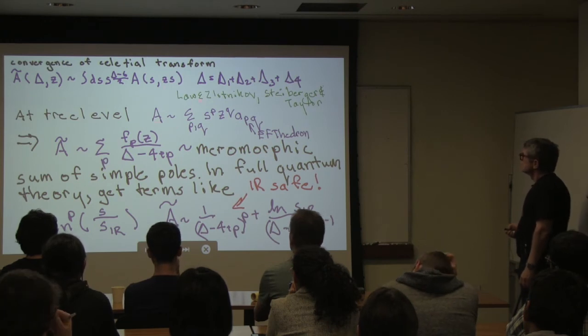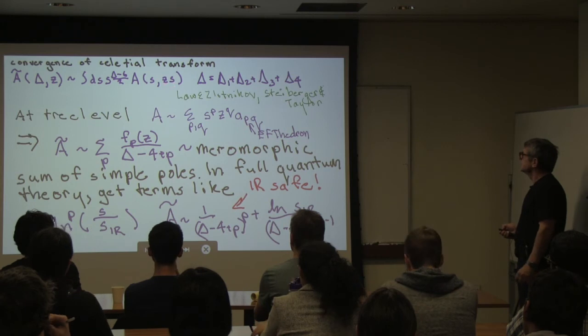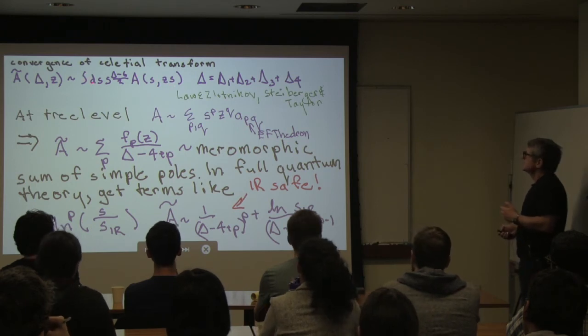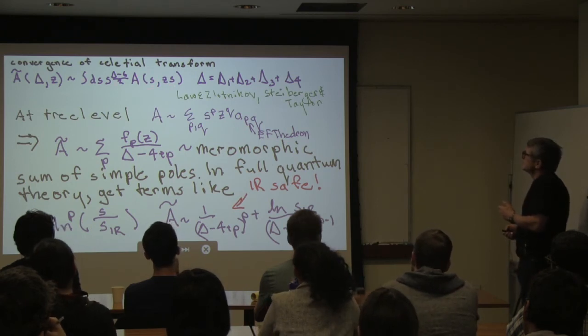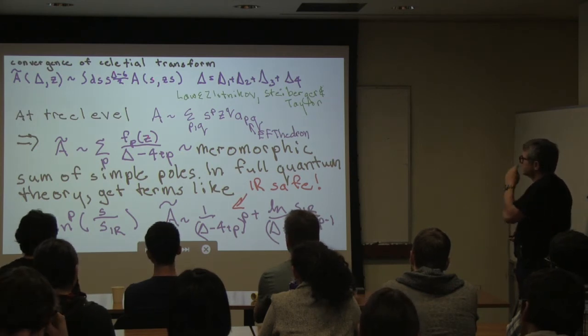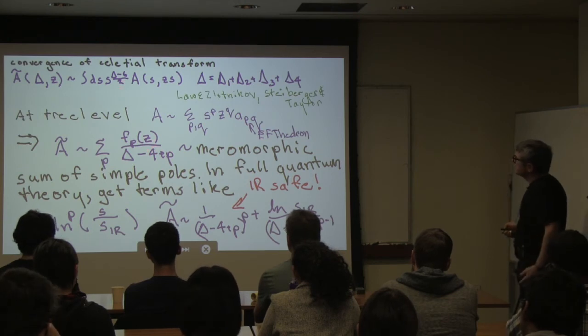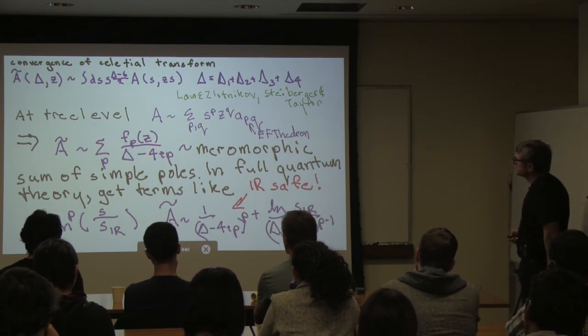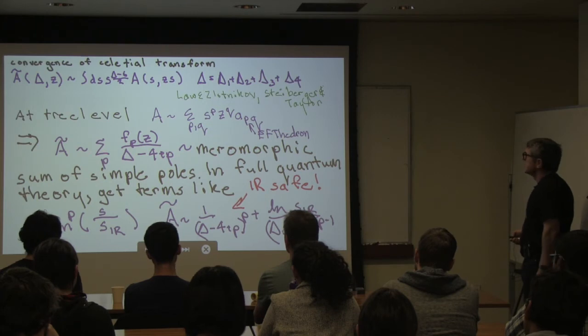Now, because this thing is exponentially soft, and here we're just putting this in, there can't be any divergences in this at large S.